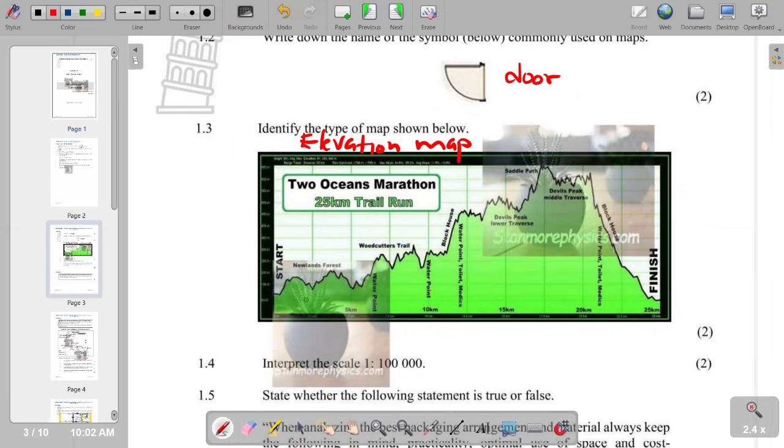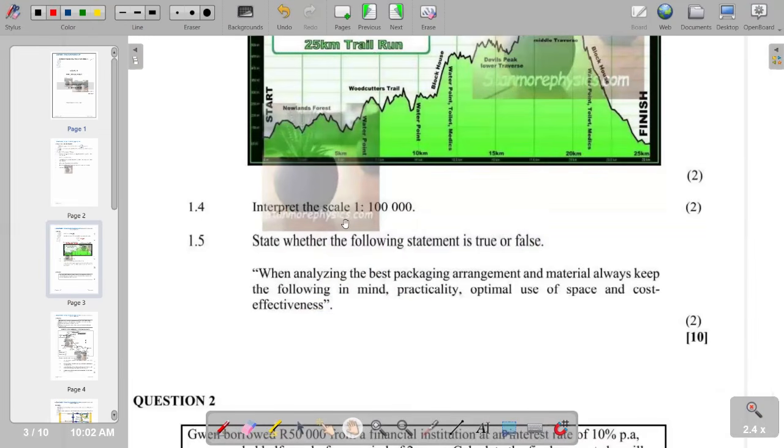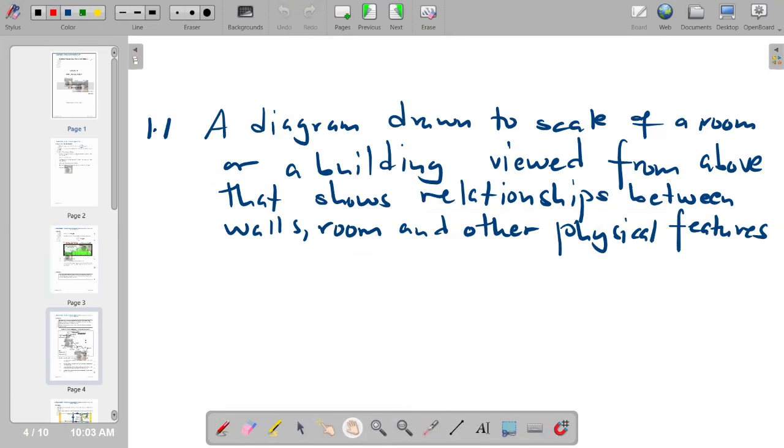Then move on to our question 1.4. Question 1.4 is interpret the scale 1 is to 100,000. So we need to make an interpretation.